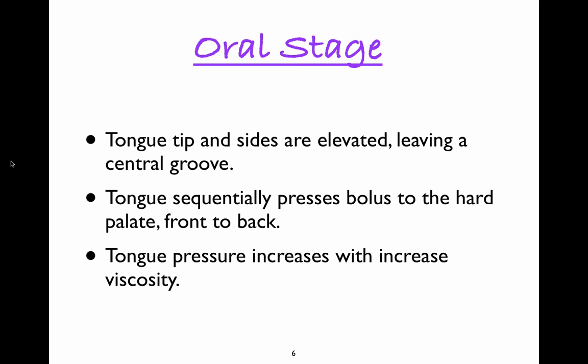And again, we see differential activity of the structures that are used in food preparation depending on the viscosity or the nature of the material. So for a bolus that is very dense, a bolus that is sticky and hard to control, more tongue pressure will be used.